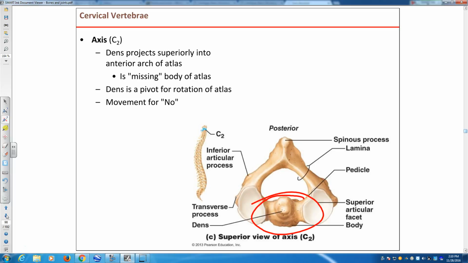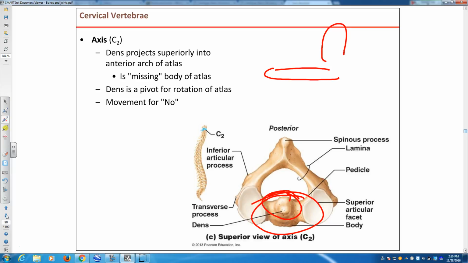Because of that thing here that protrudes from the body, and it is called dens, a tooth. And essentially that dens, if we look from the side, it would look pretty flat, and there would be a peak right here.